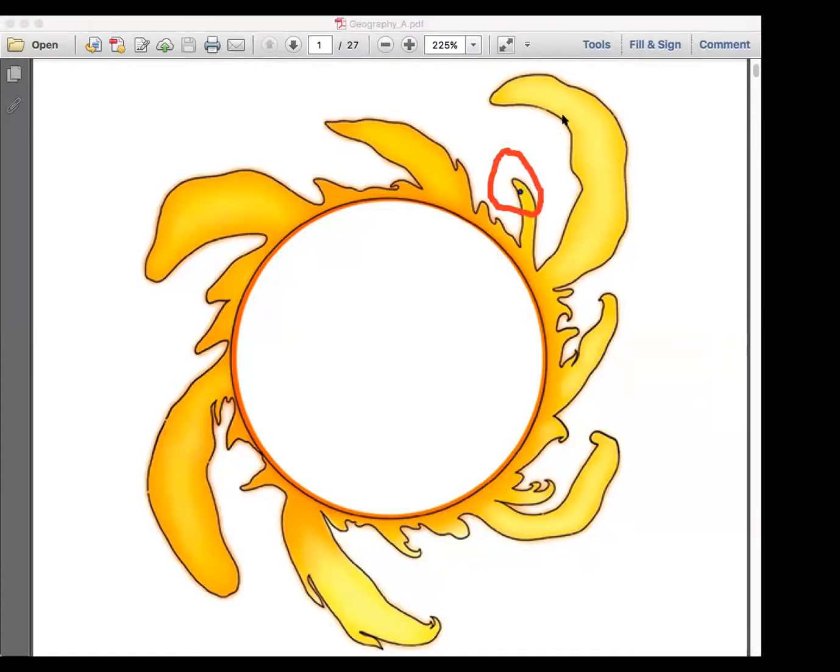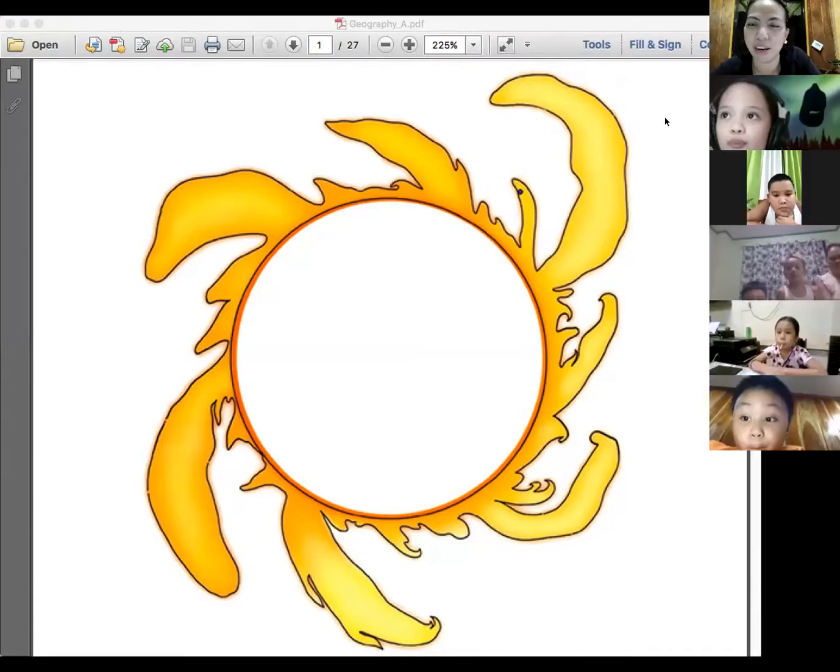That tiny speck there is the Earth. Yeah, really tiny. It's amazing. Hello, I don't see anybody anymore. Okay, you guys are still there? All right.